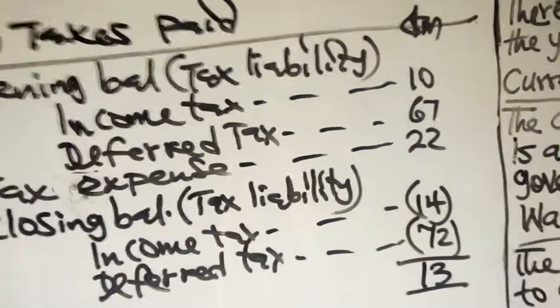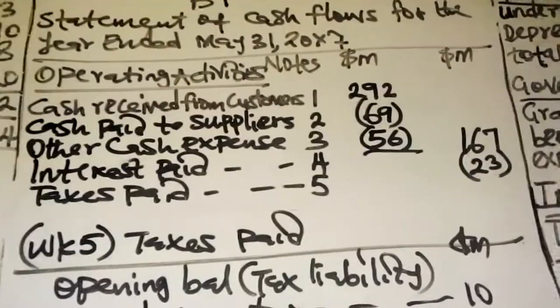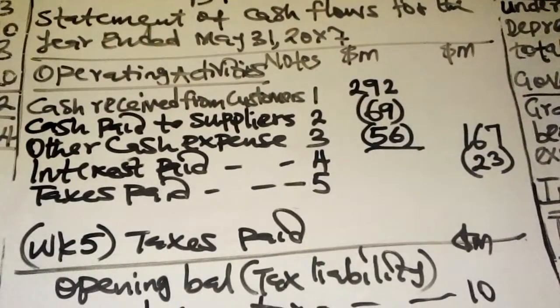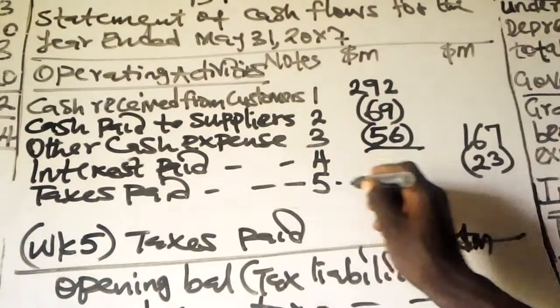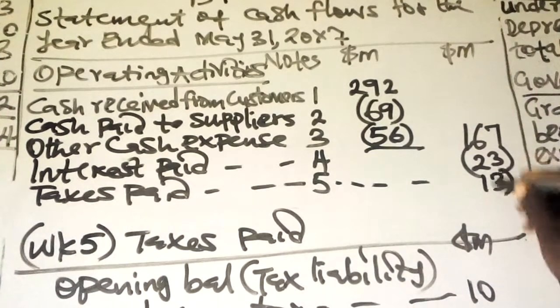Now let's slot in that 13. So it is part of our operating activity. So 13 is an outflow because it is a payment. Now you have 167 minus 23 minus 13. Then you have the difference of 131.